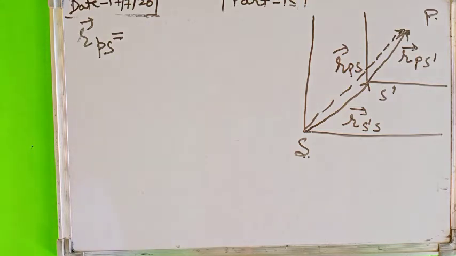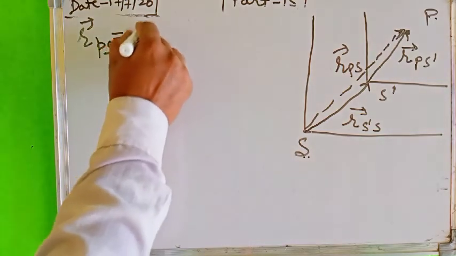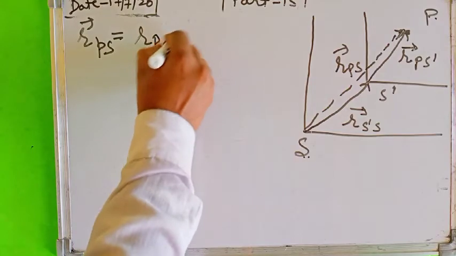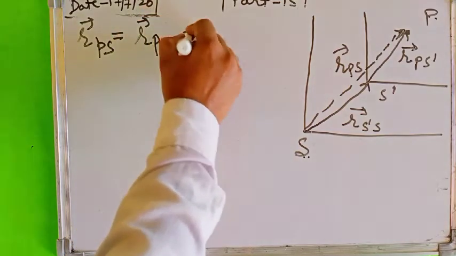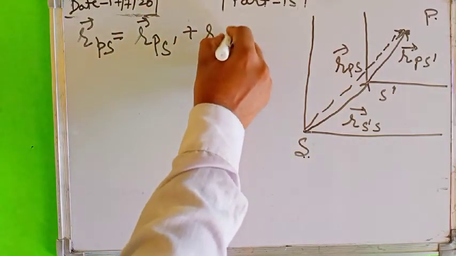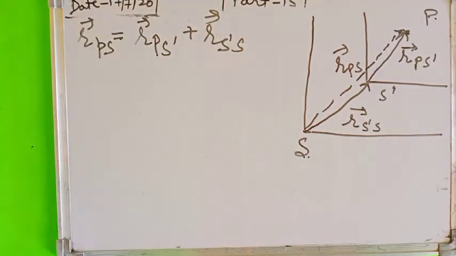There you will be clear about this vector addition method. So, by triangle law of vector addition, R PS is equal to R PS dash plus R S dash S.